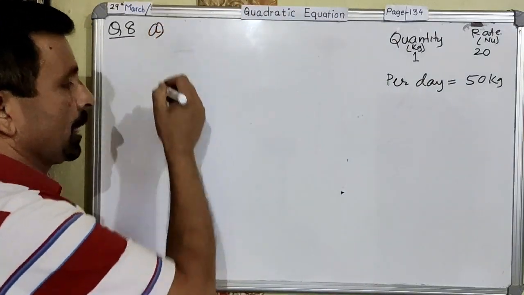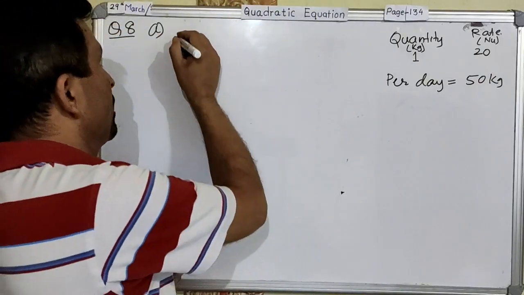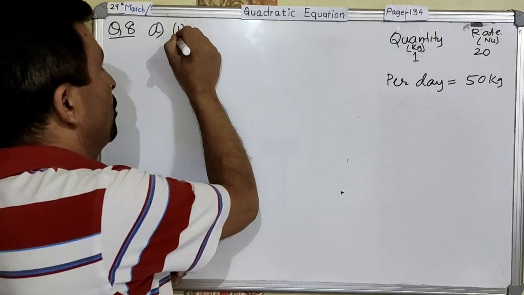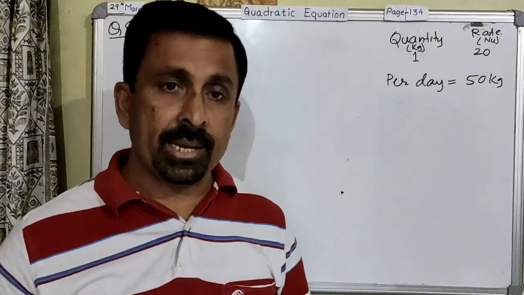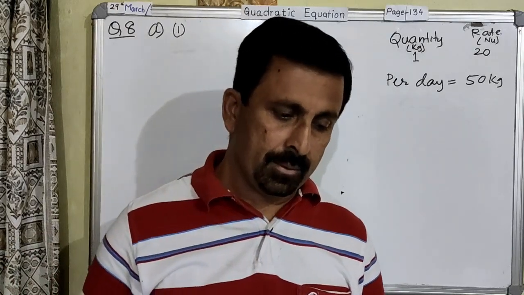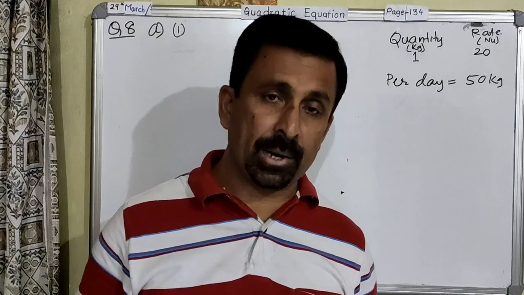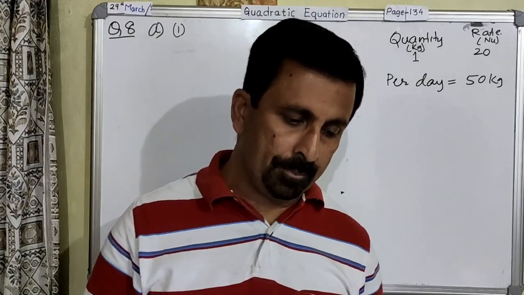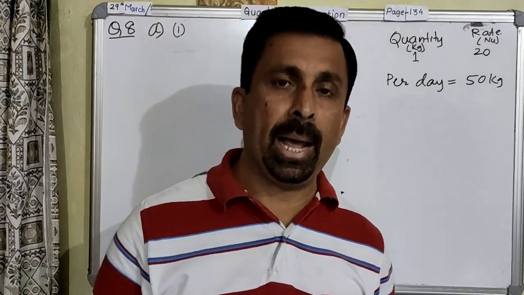Part A, Roman number 1. It says, write an algebraic expression to represent the price of each kilogram if the shopkeeper increases the price by X Newton.